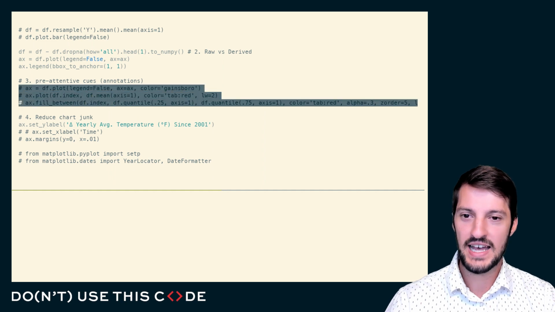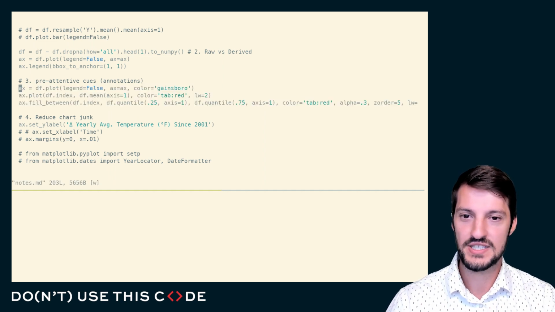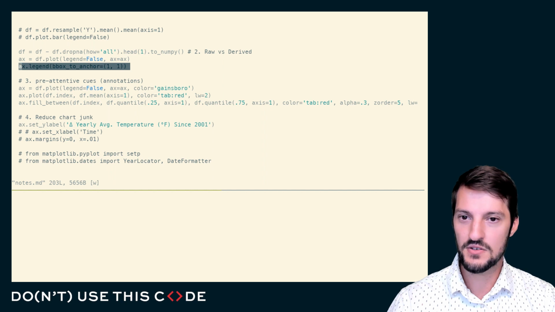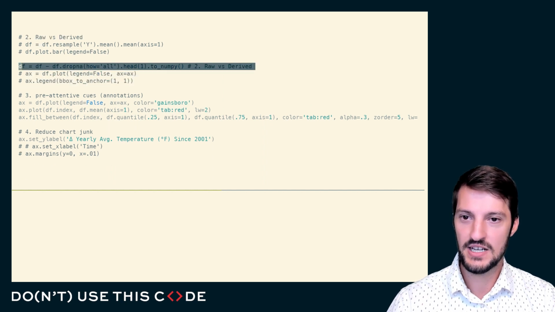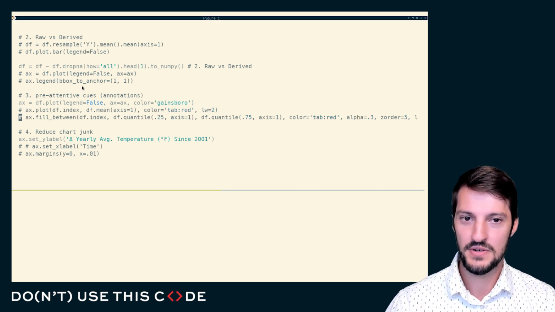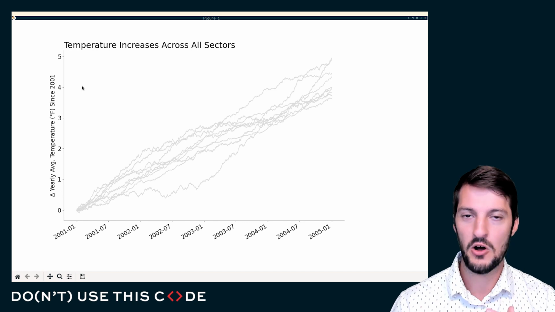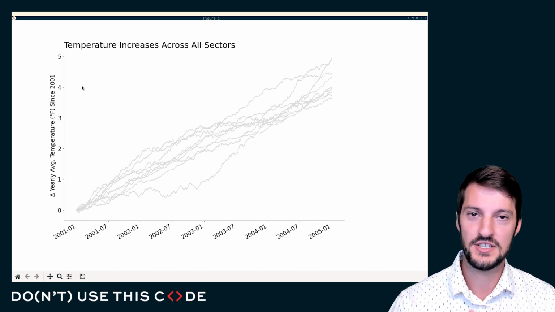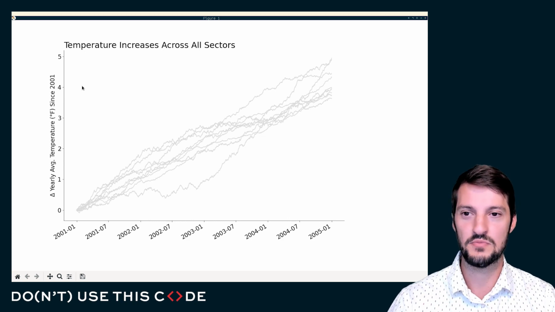Now, we can add another layer. We can use some pre-attentive cues here. So let's go ahead and do just that. I'll keep my derived data here, and I'm going to grab a new axis. Instead of having all of the legends or all of the labels for each of these lines, I'm just going to say, I don't care about the individual planets here.